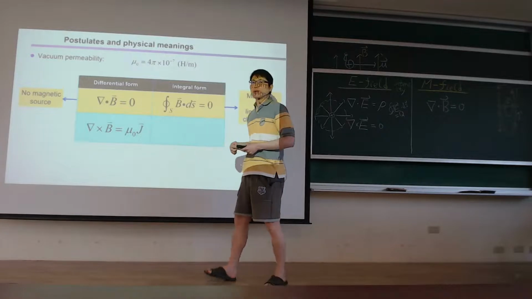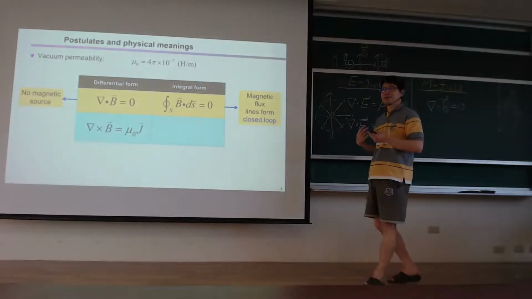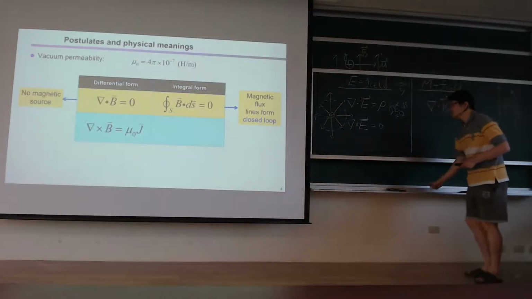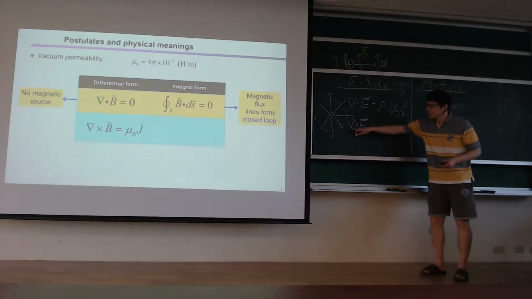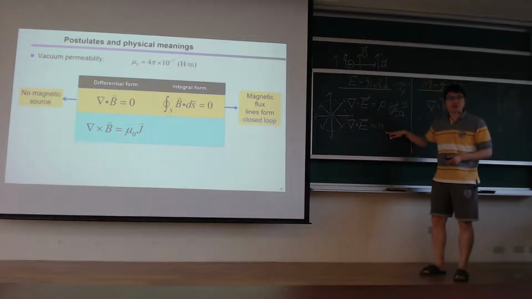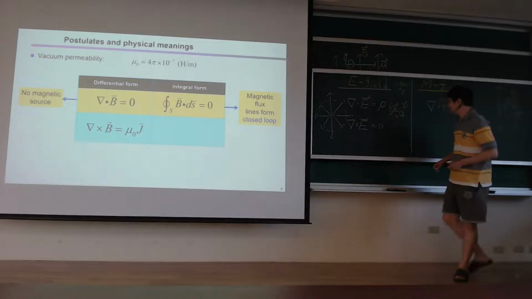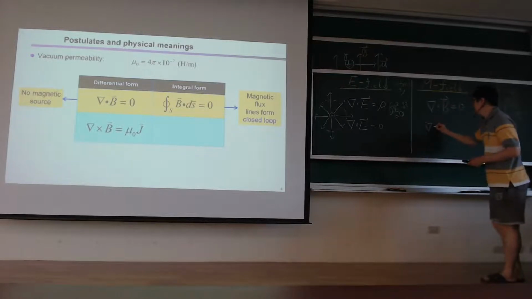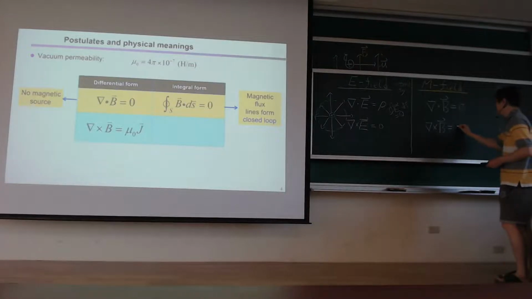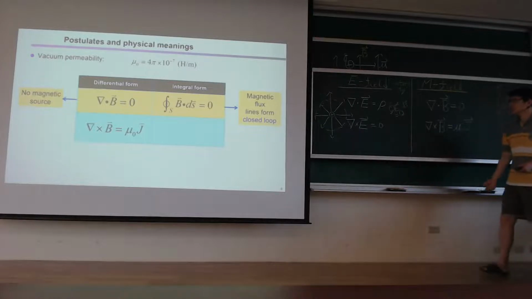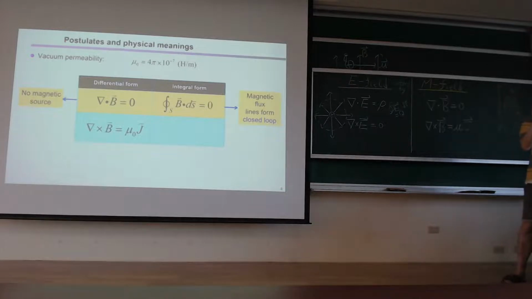Let's go back to the blackboard. I like to have side-by-side comparisons. For E field, curl of E is equal to 0, right? But now, curl of B is equal to a non-zero quantity, mu 0 J.